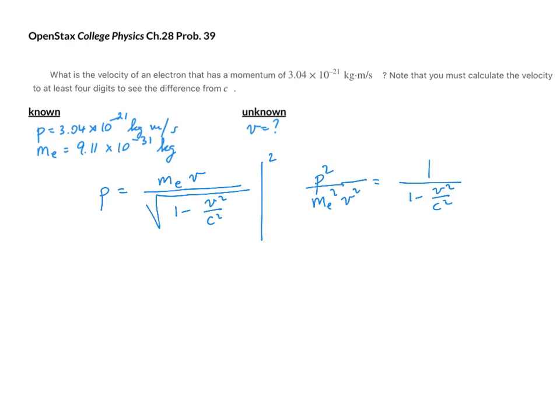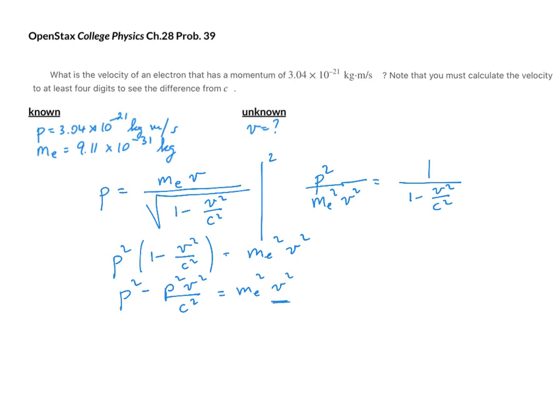How about we cross multiply now, so we have p squared times 1 minus v squared over c squared equals m_e squared v squared, or p squared minus p squared v squared over c squared equals m_e squared v squared.